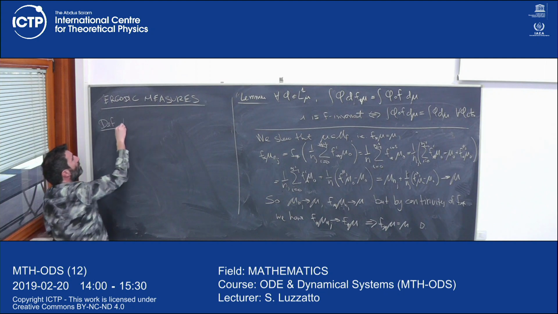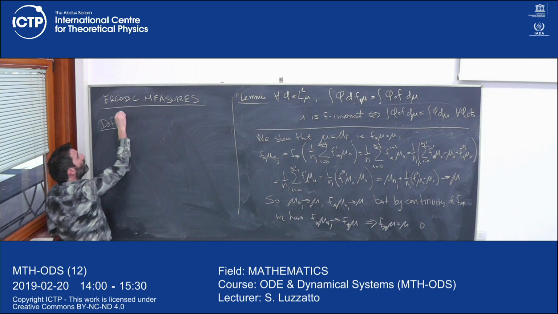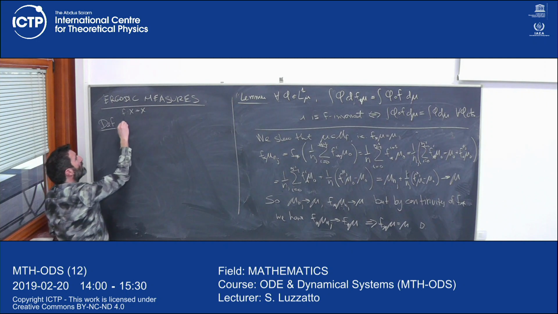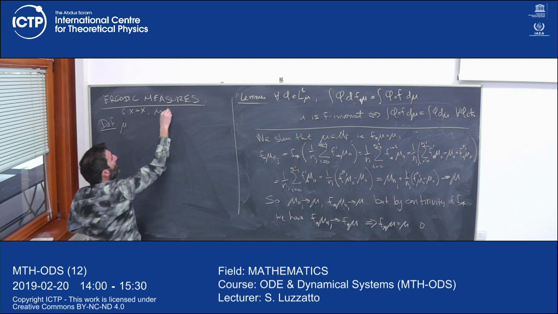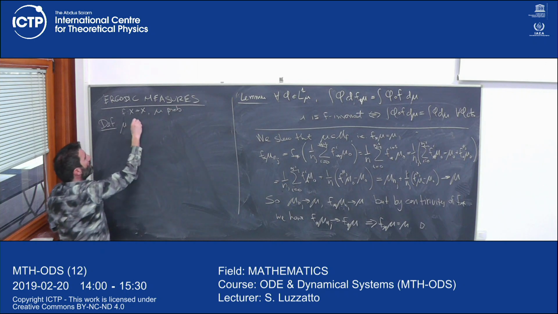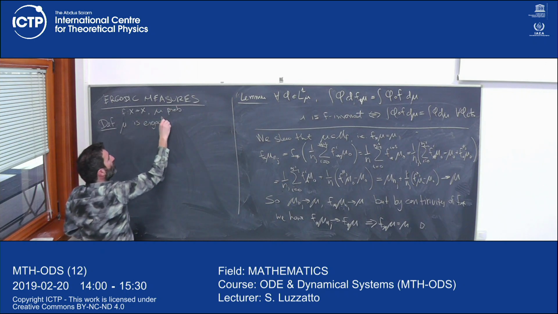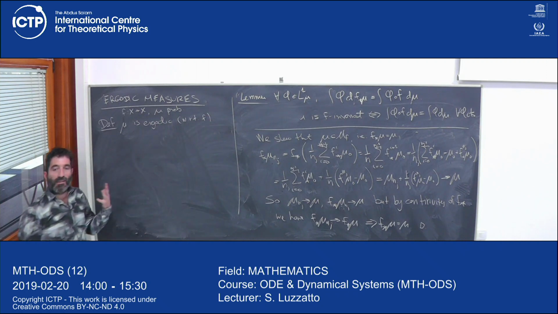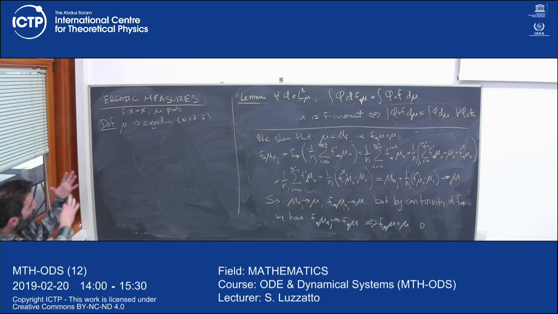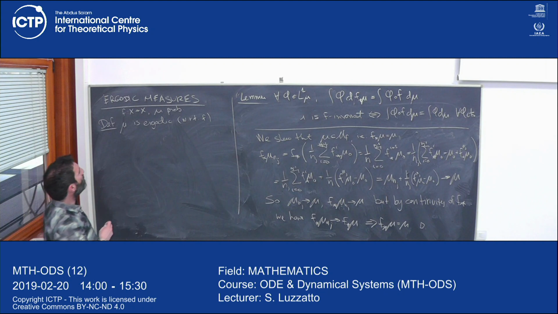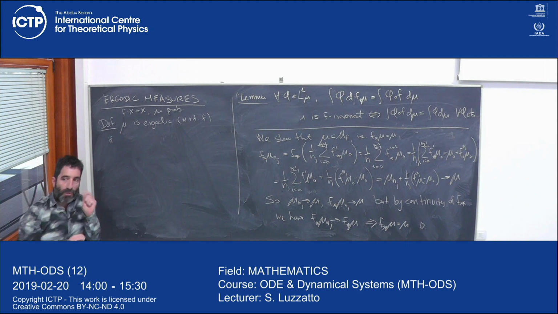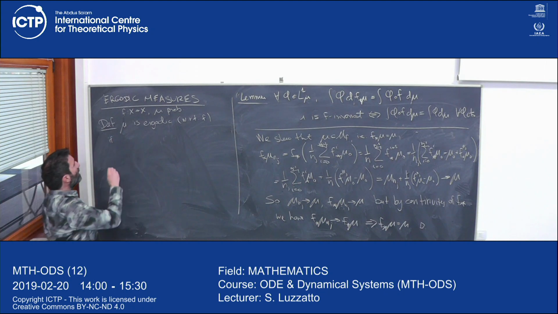Definition: a probability measure. So again, we always have our map from a metric space to itself, a measurable map, and mu is some probability measure. So mu is ergodic with respect to f. So ergodicity, just like invariance, is a relationship between the measure and the map. Now it's a little bit more subtle, the definition of ergodicity, so you need to be a bit more careful.